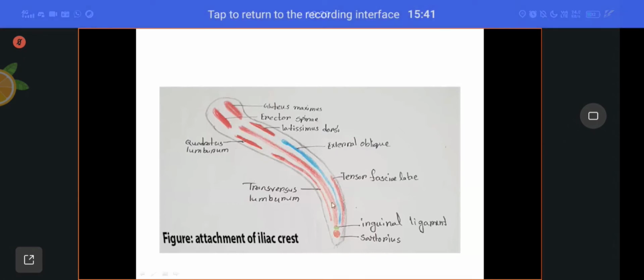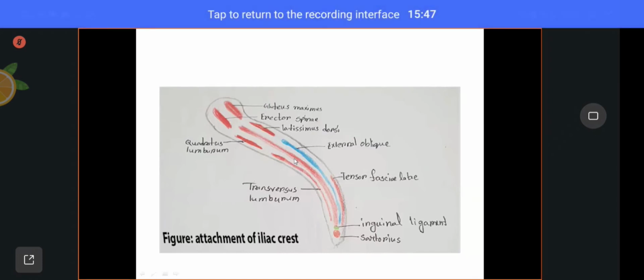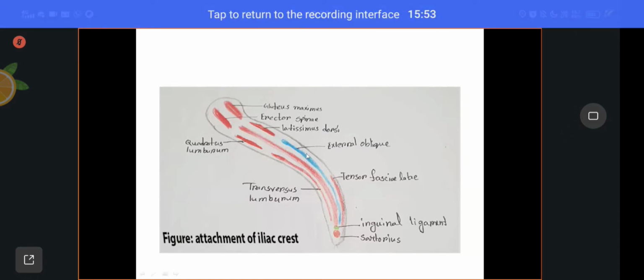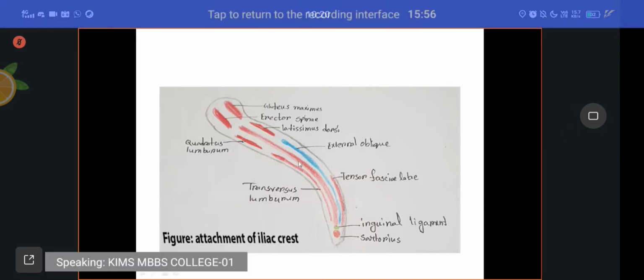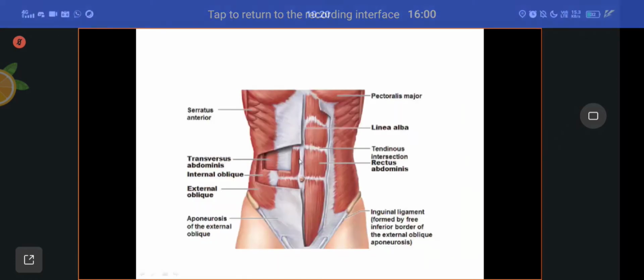And the intermediate zone gives origin to a muscle. What is that muscle called? The internal oblique muscle. So the first one is the external oblique muscle, and the intermediate zone gives attachment to the internal oblique muscle. Where is this internal oblique muscle? You can see this is a cut muscle.